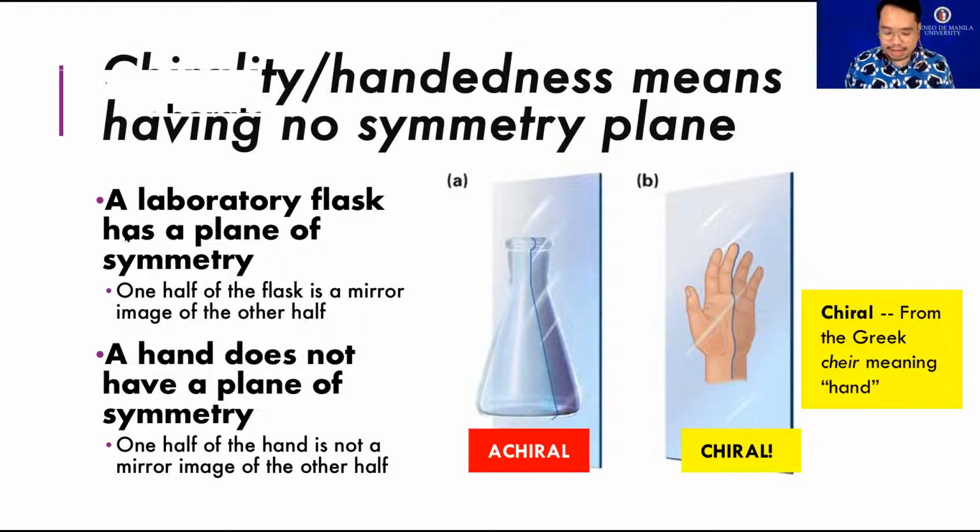And eventually, we stumbled upon this peculiar little molecule that had four different groups attached to its central carbon. And we realized that these two mirror images, they weren't the same.